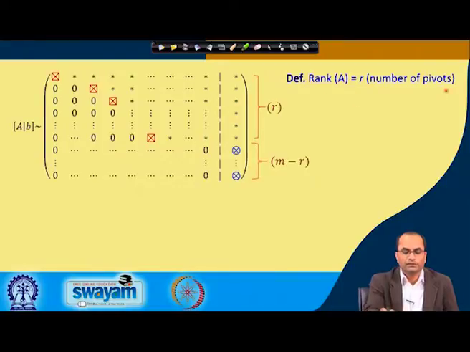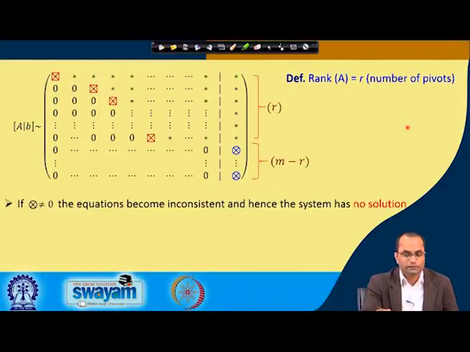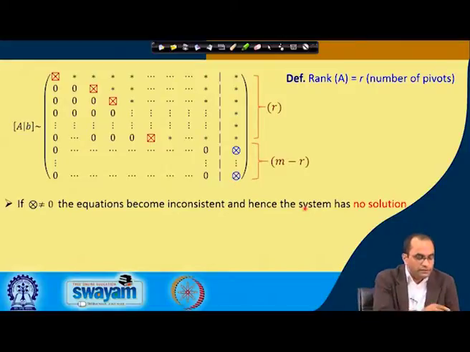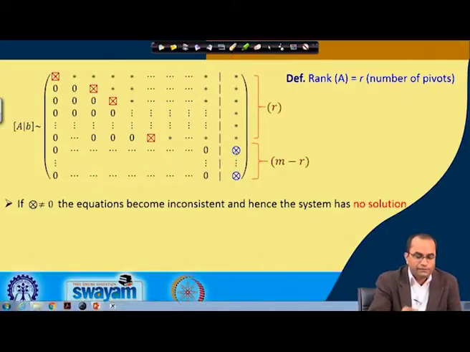With this definition we go ahead, and later we will talk more about rank. So, if rank A is equal to this number r, the number of pivots in our augmented matrix, then we can identify many things from it. The first is that if these elements in the 0 rows are not equal to 0, then the equations become inconsistent.